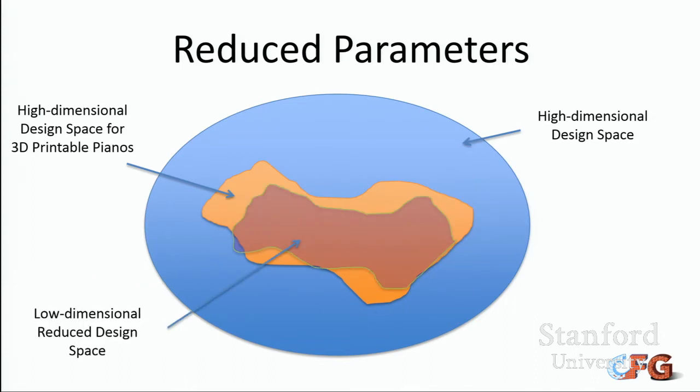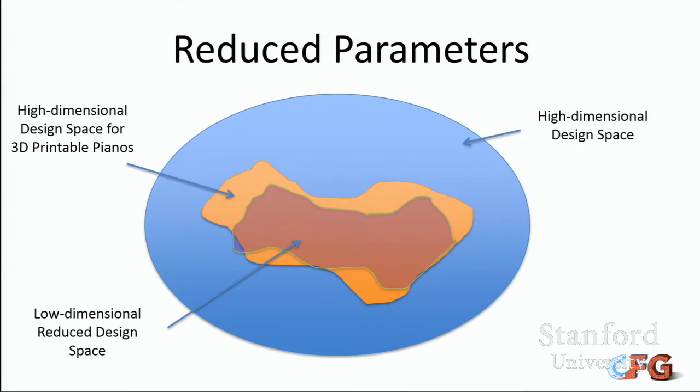The goal of our reducers is to build these low-dimensional reduced design spaces, such that this design space is not going to be so much different from the high-dimensional design space for all possible piano designs.